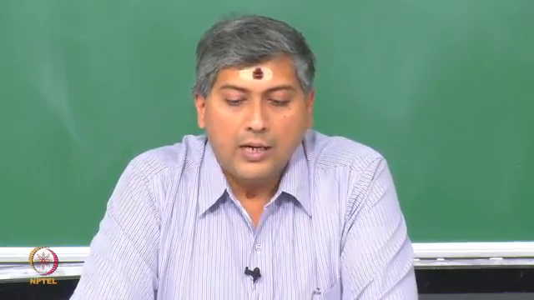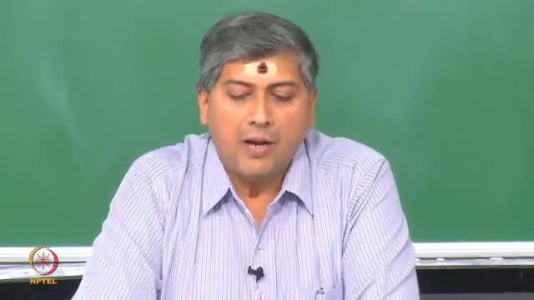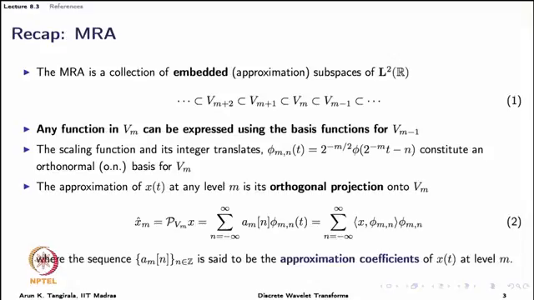If you look at any scale or level m, then Vm is the subspace corresponding to the approximation at that scale. So, all functions in Vm are approximations of a signal x(t) at that level m. That is how you understand a subspace.